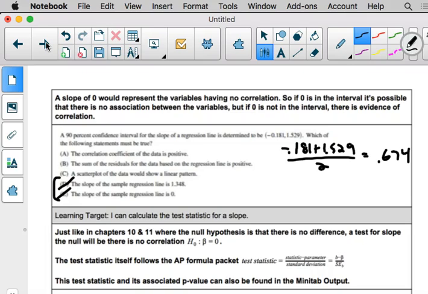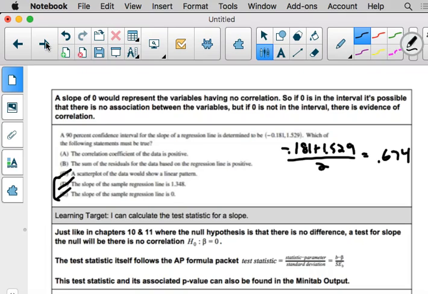But again, we talked about this in chapter 3, the idea that unless you're looking at the scatter plot and see a linear pattern, or unless you're looking at the residuals and see no pattern, you can't make this statement just because people decide to start making linear regression lines and stuff like that. You have to actually see the data or see the residual plot to make a determination like that.